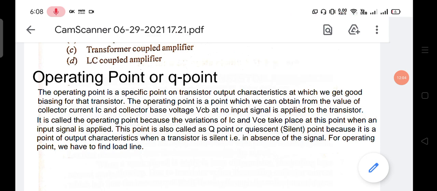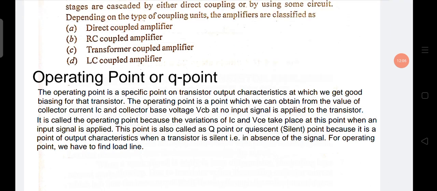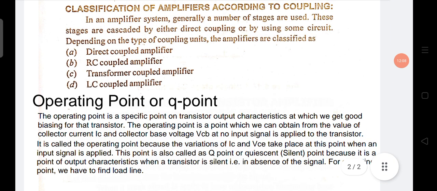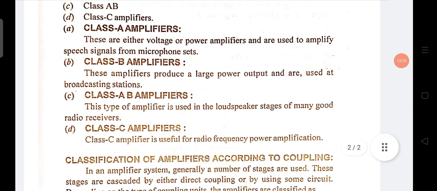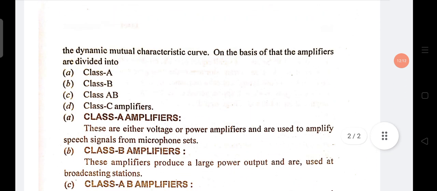Now you have some idea about the Q point. On the basis of the Q point position, the amplifier is classified into four types: class A amplifier, class B amplifier, class AB amplifier, and class C amplifier.